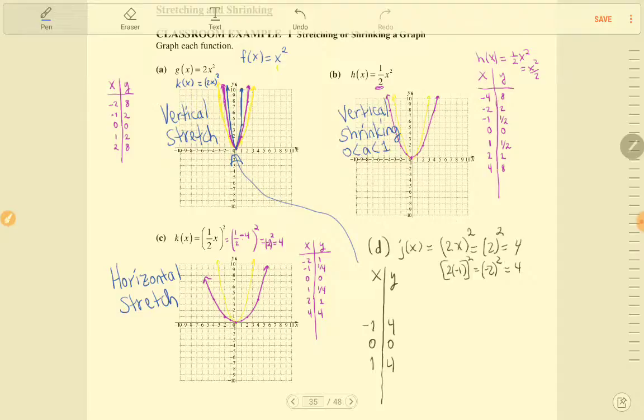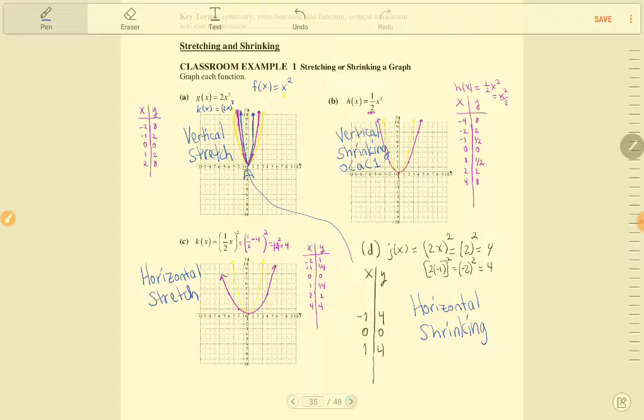If you could just imagine bringing your hands closer together in front of you in the horizontal direction, you would be squashing the parabola in to make it more narrow. So that's why we would call this a horizontal shrinking. Or I like to say compression, but this is the terminology they're using in this book, and it works.